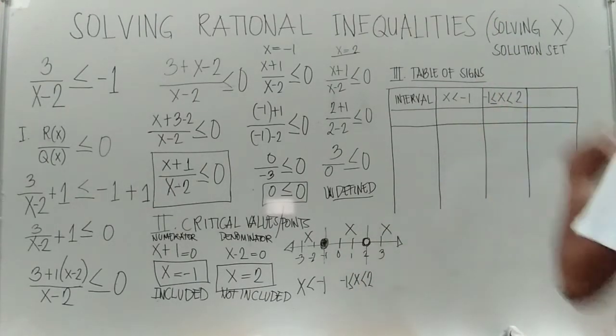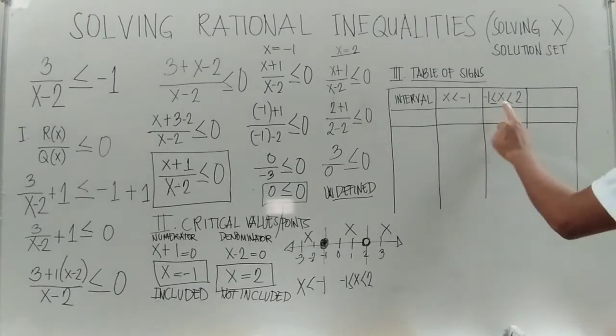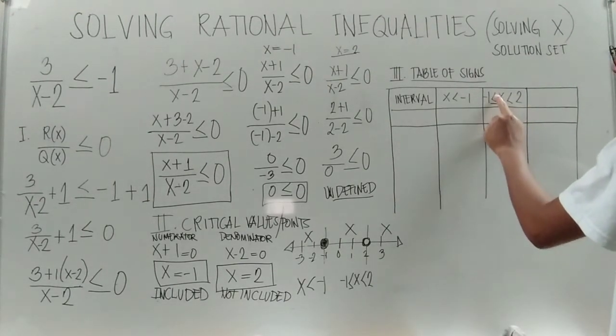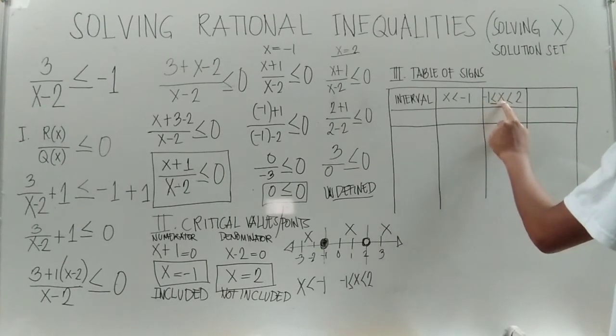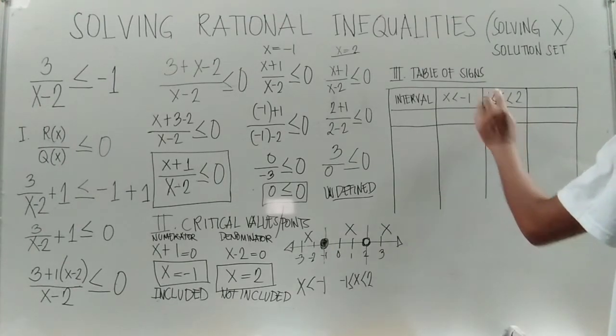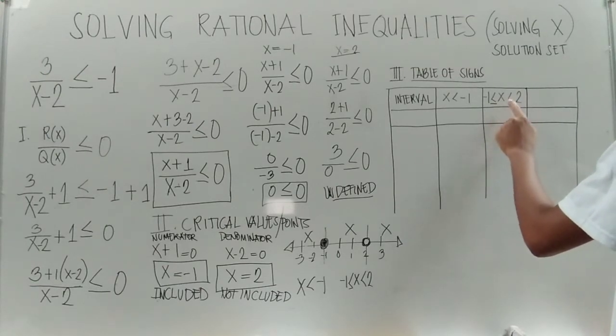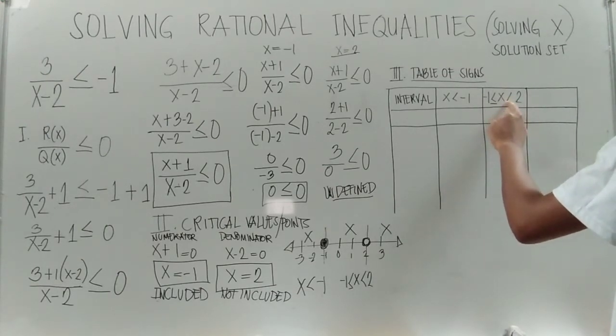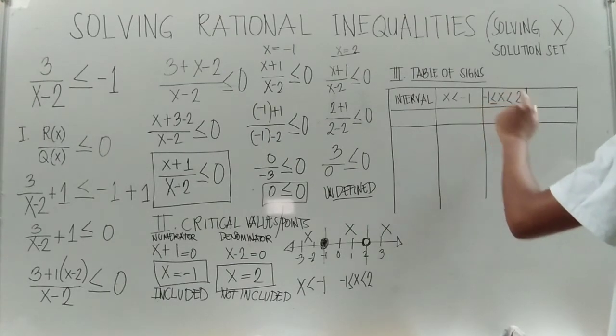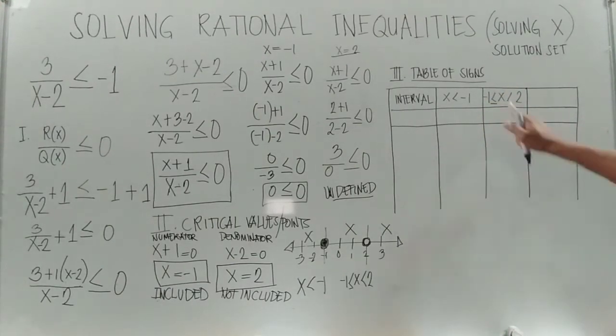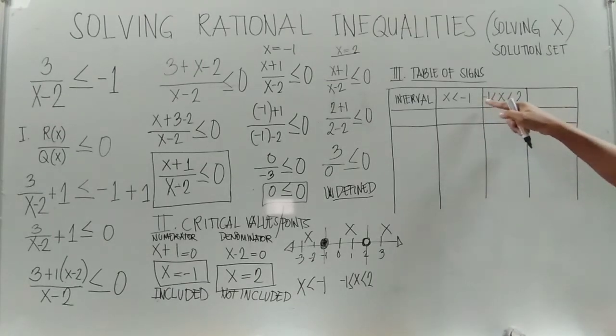We read it from the center, from x. So x is greater than or equal to negative 1, because the opening of your inequality is on x. But x is less than 2, because the inequality symbol points at x and opens on 2. Again, x is greater than or equal to negative 1, but x is less than 2.